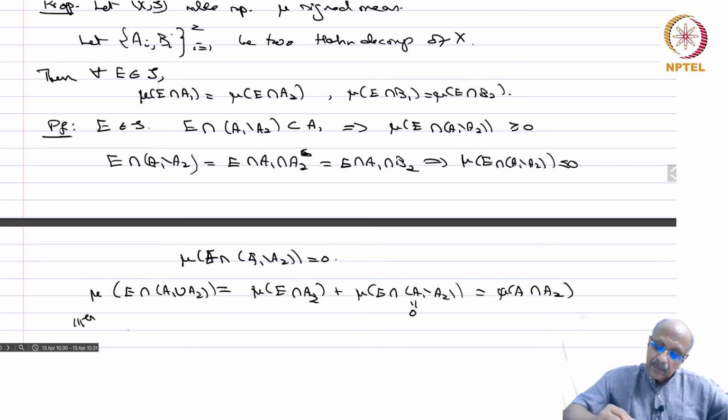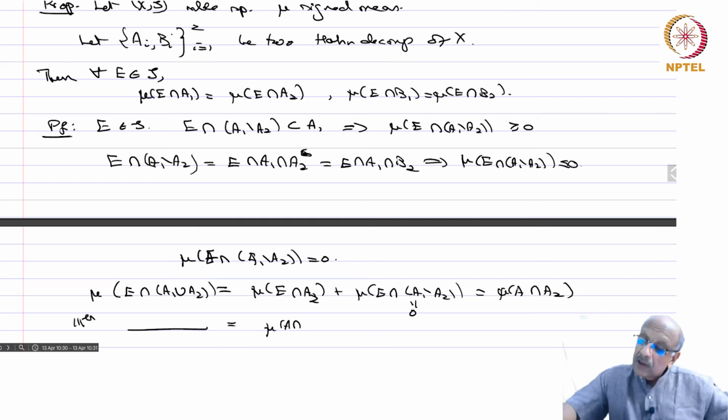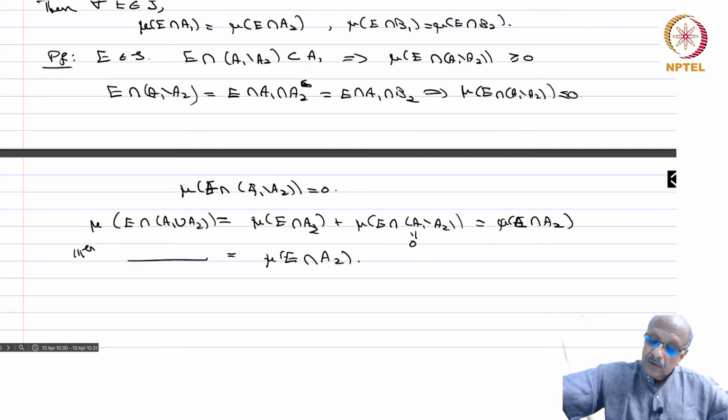Similarly, this is equal to mu of E intersection A1, and therefore the two are the same.